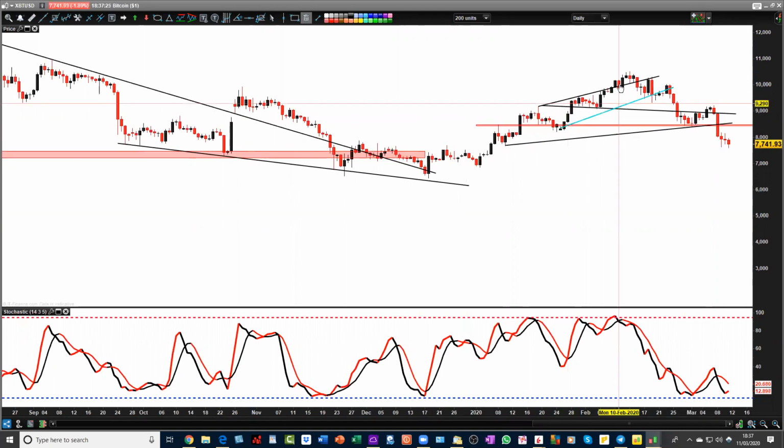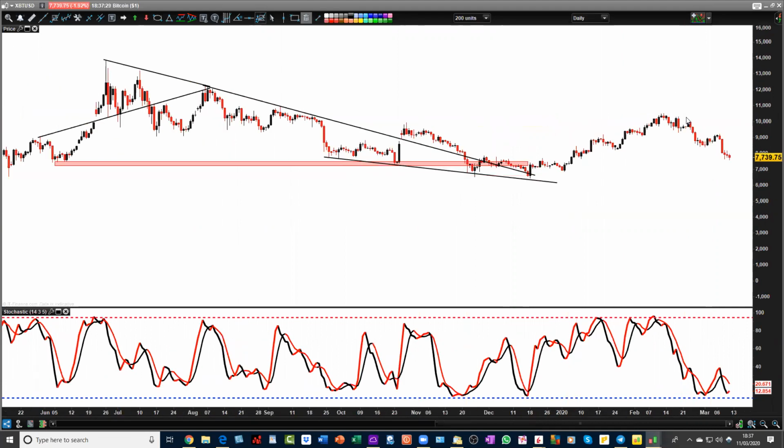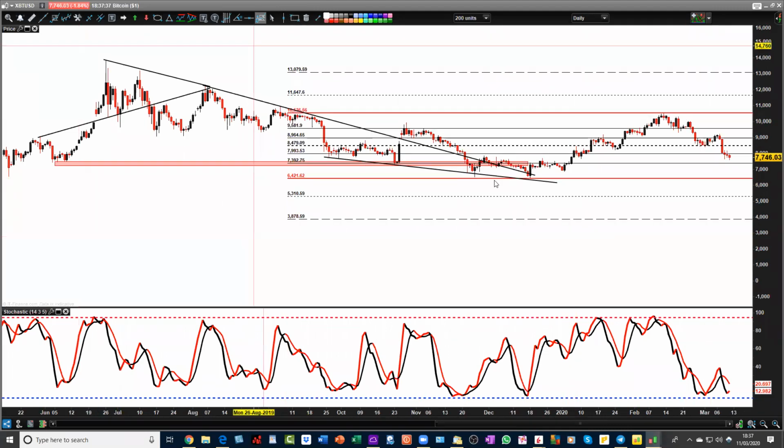So what's the target for Bitcoin? What can Bitcoin do in the short to medium term? If Bitcoin comes down to this zone here, let me just extend this zone here. This is a massive level for Bitcoin.